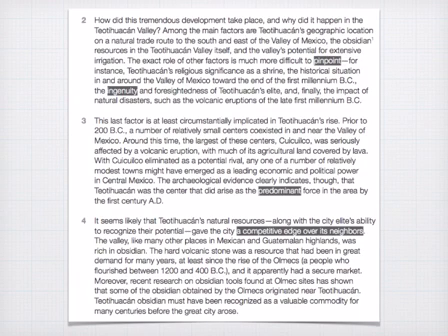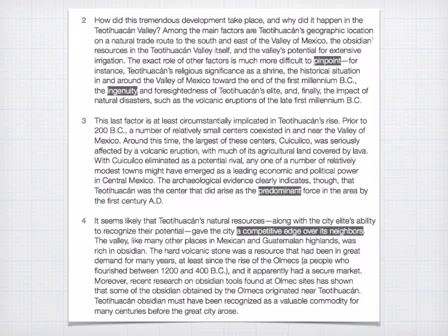So if we look at paragraph 2, the first sentence that we can see here: how did this tremendous development take place, and why did it happen in Teotihuacan Valley? So we can straight away see that this paragraph is going to be looking at things like the development of an area and some of the reasons why very fast development took place in the Teotihuacan Valley.